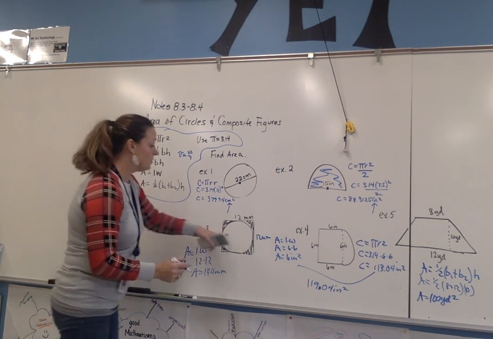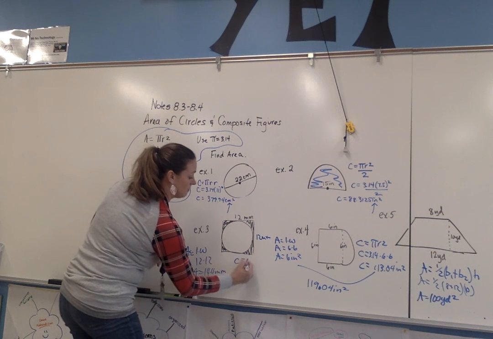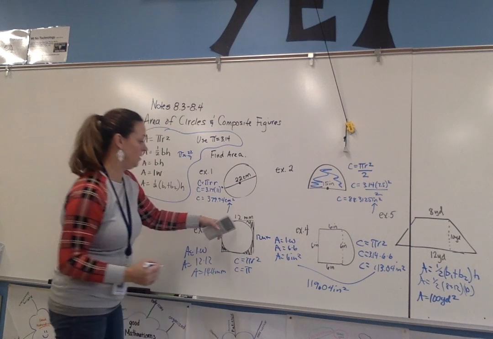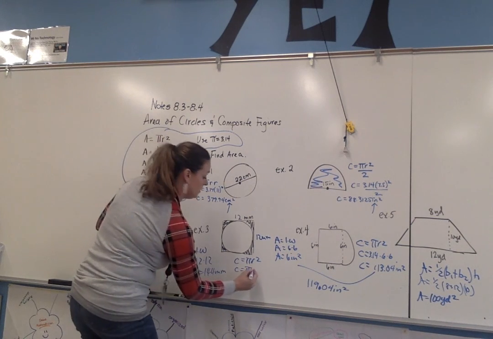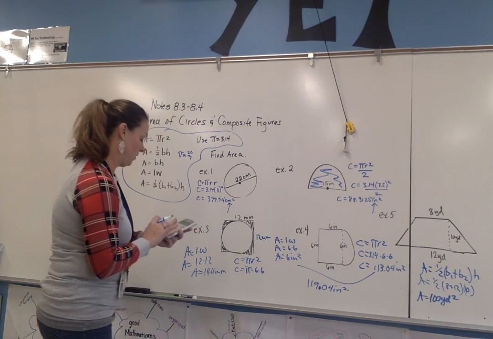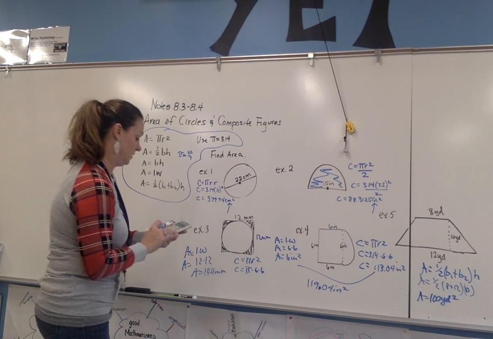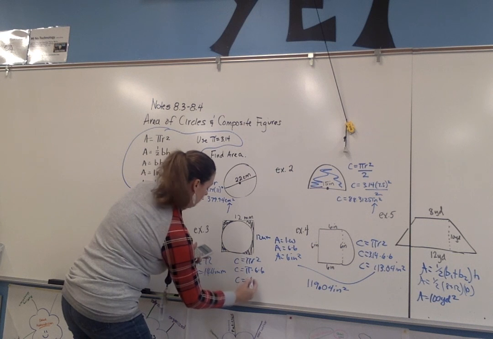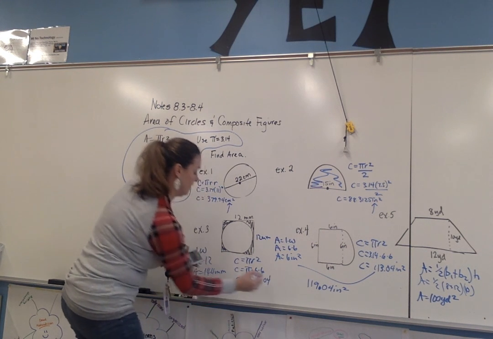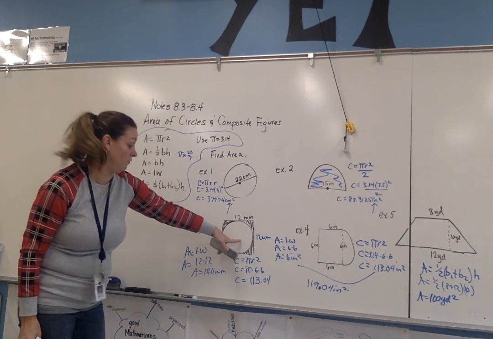Now, the circle on the inside, pi r squared. My radius is 6, so that's times 6 times 6. So I have 3.14 times 36. I already did that one. The circle is 113.04.